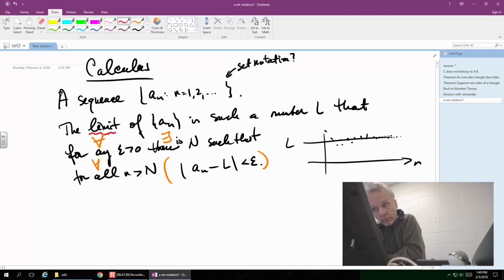The limit is defined as a number that satisfies a certain property. Do you see the mismatch in the grammar?